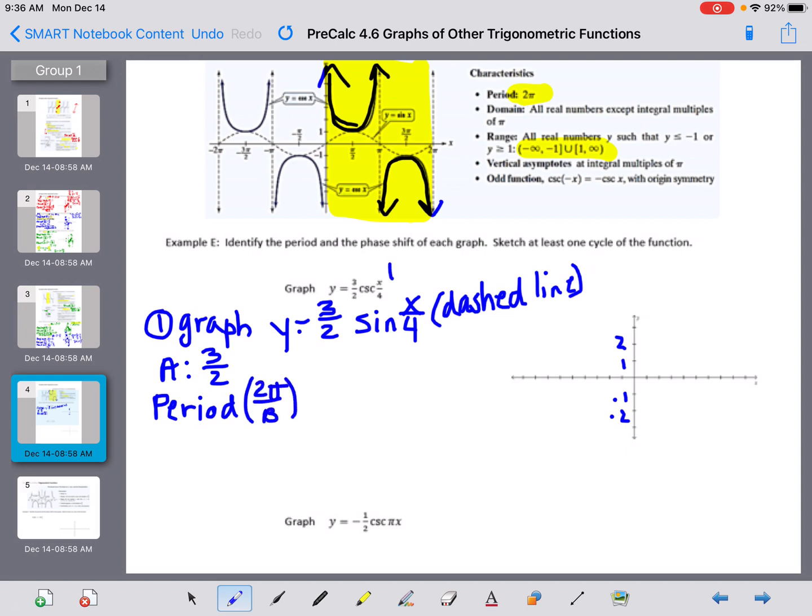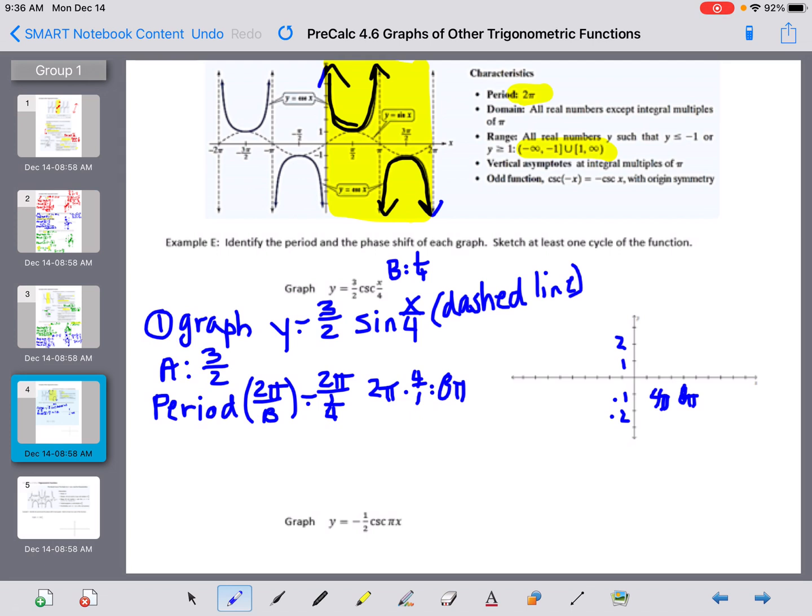My b here is 1/4, so I'm doing 2 pi divided by 1/4, which is keep, change, flip, so I get 8 pi. So 4 lines out is 8 pi, which means halfway between is 4 pi.